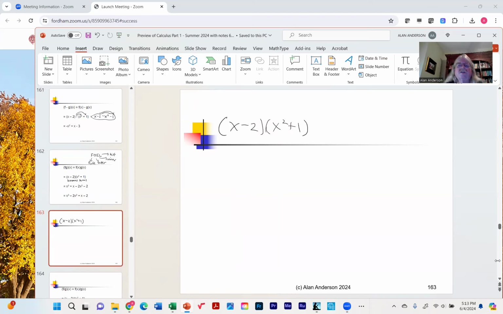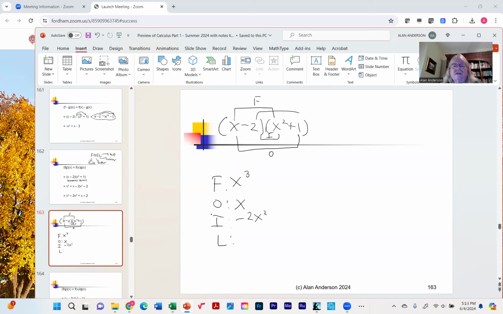So the way this works, if you recall, here's F. The first term in each set of parentheses. Outer is these two. Inner is these two.